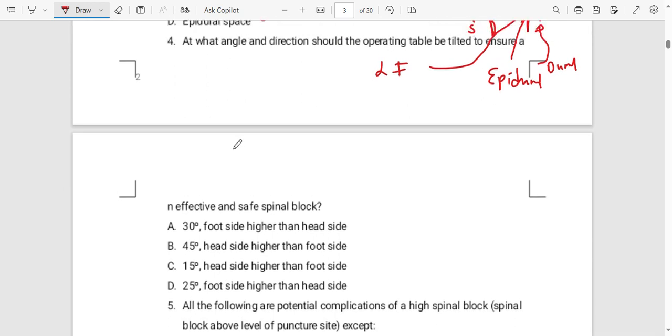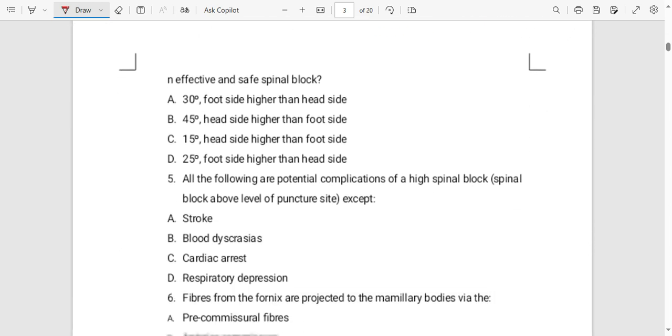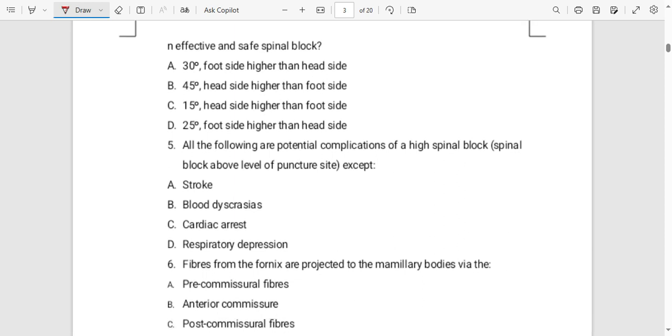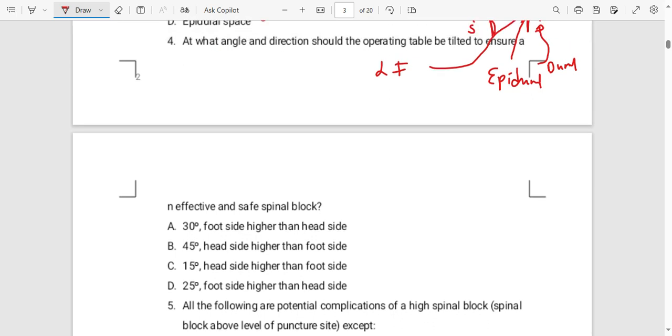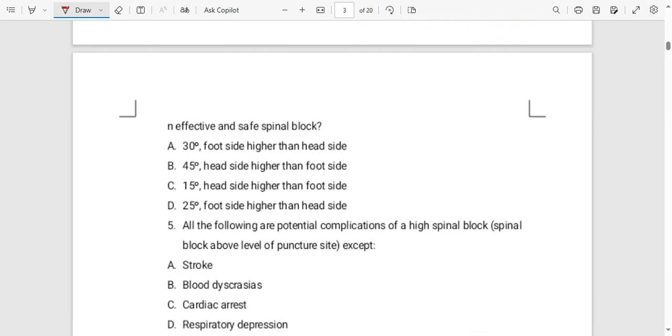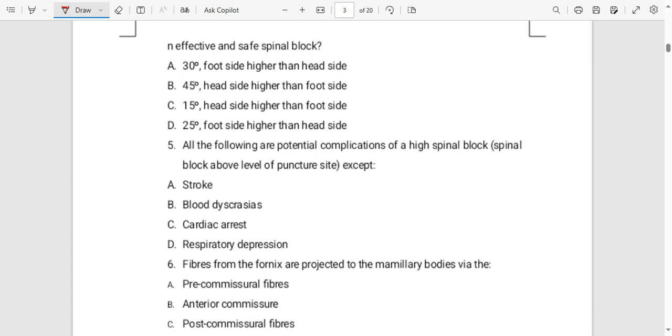At what angle and direction should the operation table be tilted to ensure an effective and safe spinal block? Anyone to help with this one? Okay, thank you so much.